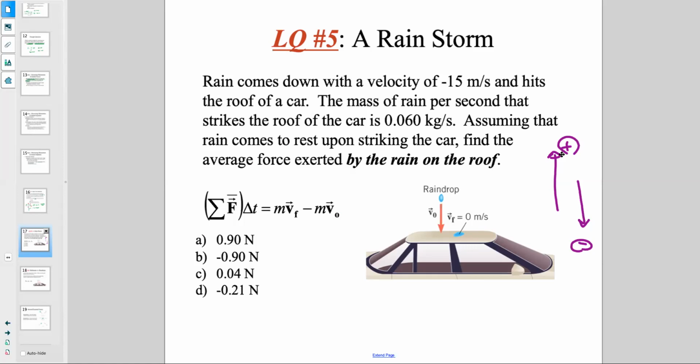So in each second, we'll have 0.060 kilogram of rain hitting the roof of the car. Assuming that rain comes to rest upon striking the car, so the final velocity is zero, find the average force exerted by the rain on the roof.